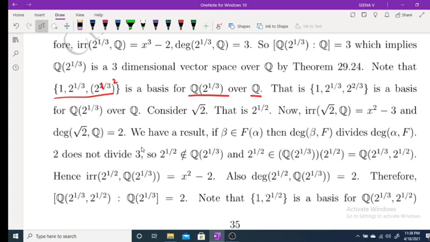Now consider √2, because that is 2^(1/2). The irreducible polynomial of √2 over Q is x² − 2, and the degree of √2 over Q is 2.